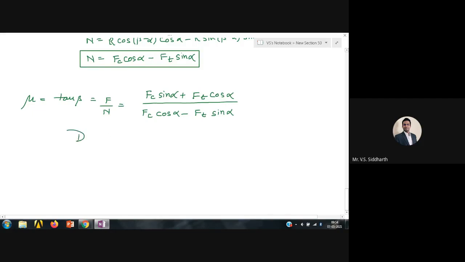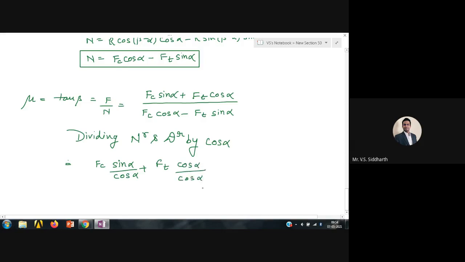Okay. I am dividing the numerator and denominator by cos alpha. So what I will get? Fc sin alpha by cos alpha plus Ft cos alpha by cos alpha whole divided by Fc cos alpha by cos alpha minus Ft sin alpha by cos alpha. Okay.